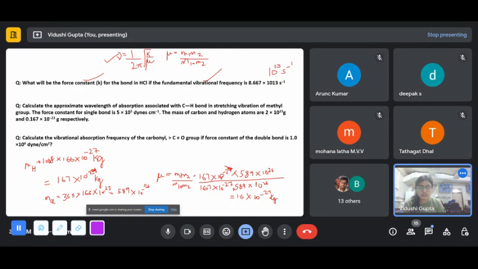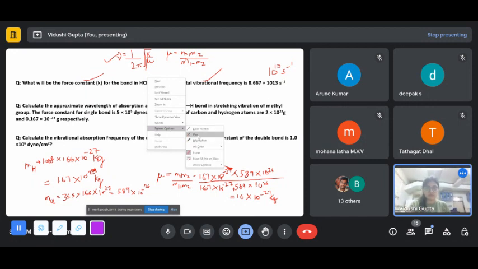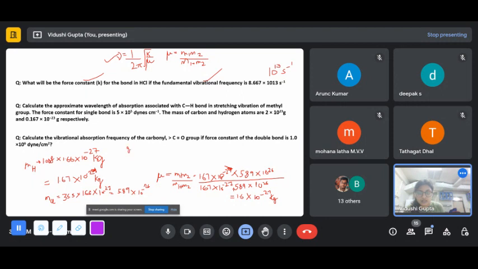So if you put the value here, it will be 8.667 into 10 raised to the 13 equals 1 by 2 into 3.14 under root of k, which you have to calculate, and mu you already calculated, that's 1.6 into 10 minus 27.